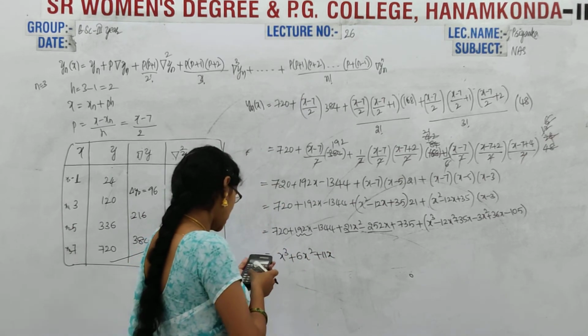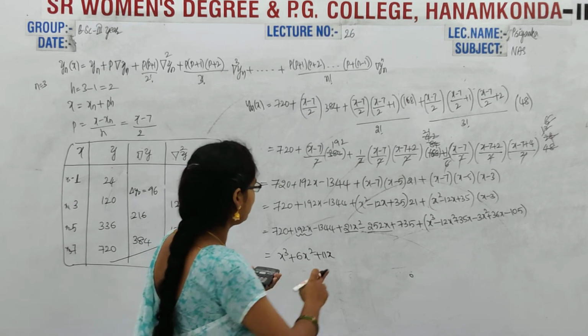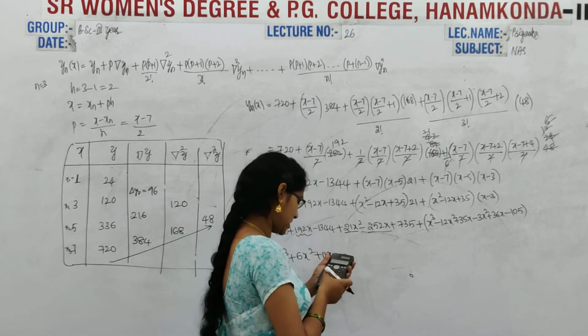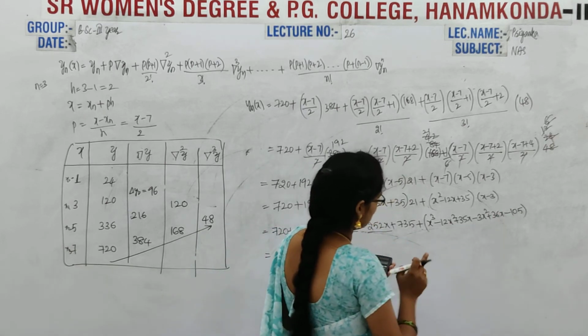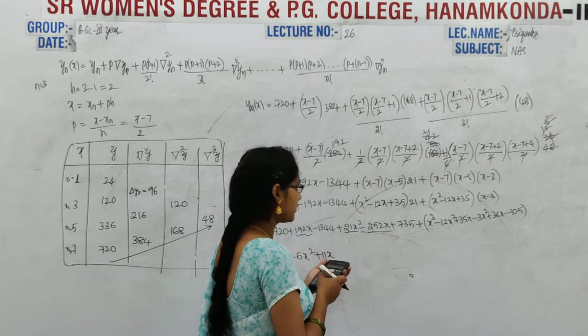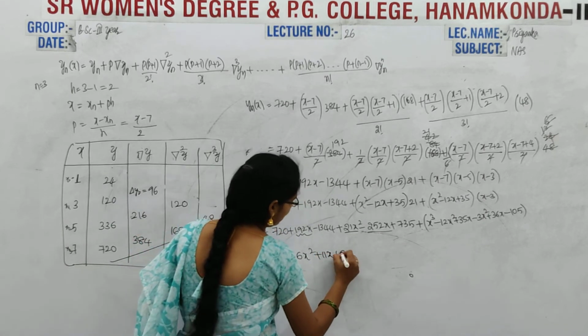Next constant 720 minus 1344, again plus 735, not plus, minus 105, 6. So it is nothing but plus 6.